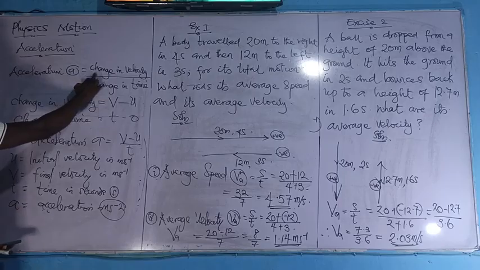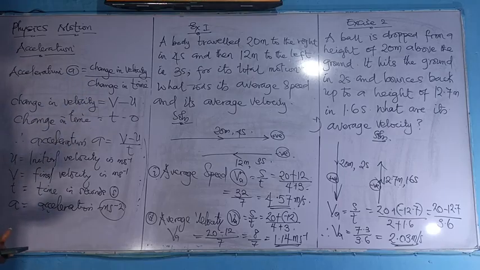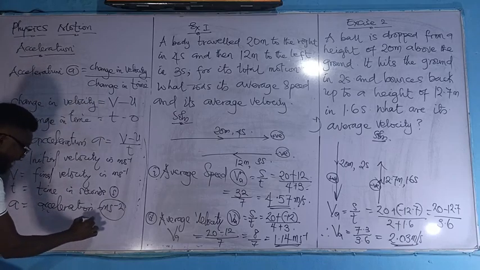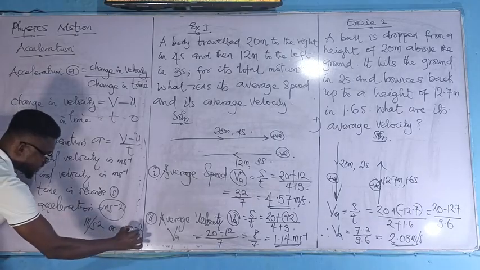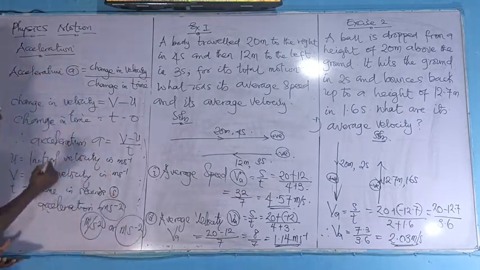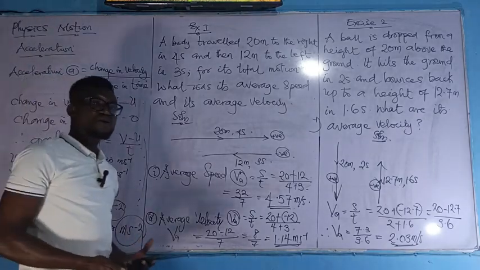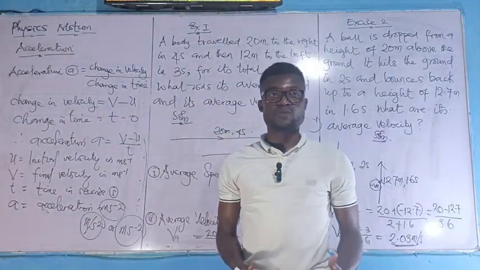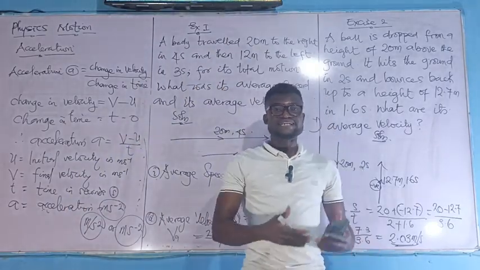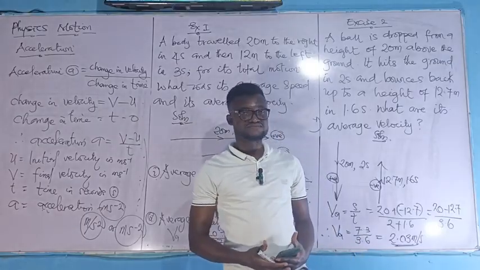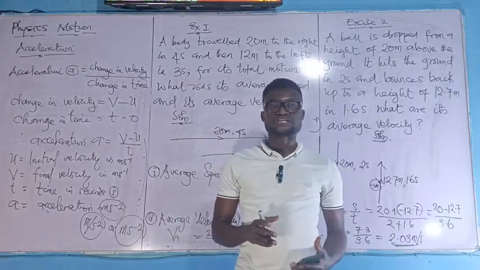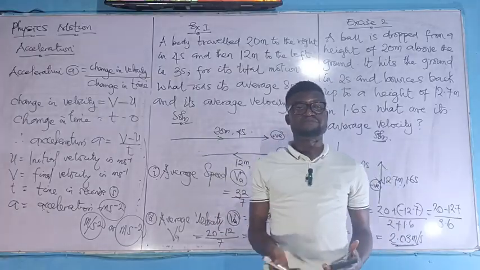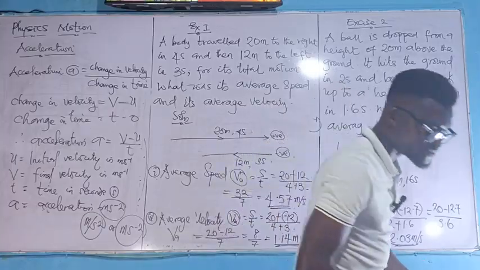Because if you divide the unit of velocity, which is meters per second, by the unit of time, which is seconds, you are going to get meters per second squared, or you write it in index form in this way. So this is the unit of what? Acceleration. Now, acceleration is a vector quantity, which simply means it has magnitude as well as direction. So whenever you are representing acceleration, always remember to include the direction. It's very important.